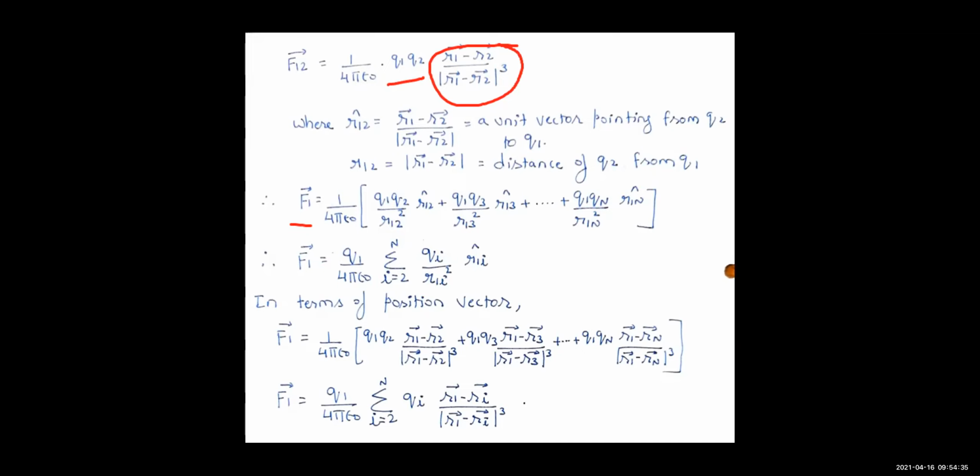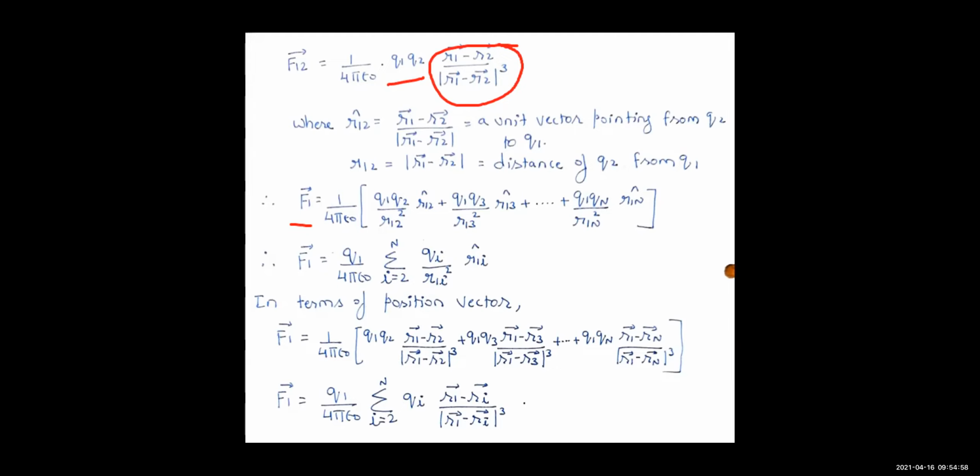And if you want to write in position vector form, it is very simple, nothing you have to do. Instead of the unit vector, you are just going to put the vector, and below, instead of the square, a cube will come.